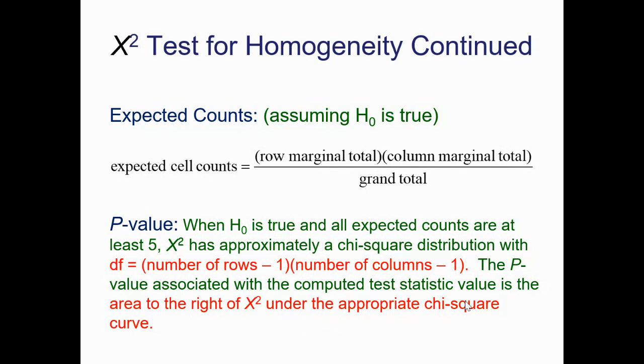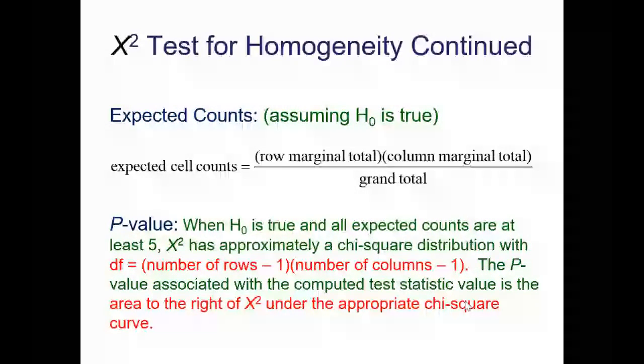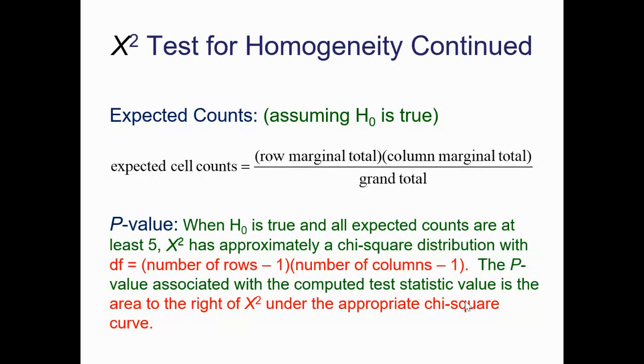And then for the p-value, when the null is true, and all expected counts are at least 5, x squared has approximately a chi-square distribution where the degrees of freedom is the number of rows minus 1, times the number of columns minus 1.